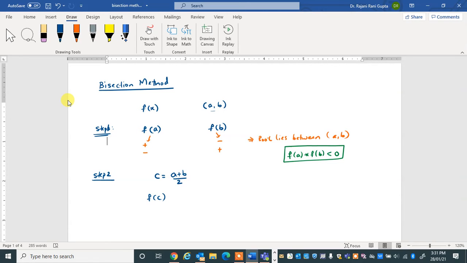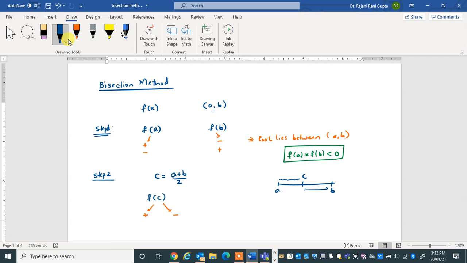Now, depending upon the sign of the function at c, which can be positive or negative, we again have to check which interval the root lies in. This was our initial interval a to b. Now we obtained a point c, and we need to check whether the root lies in the interval a to c or in the interval c to b. To do that, again we have to check the sign of the function at c.